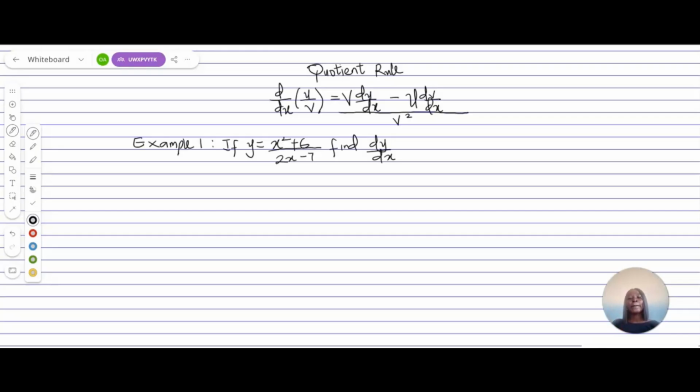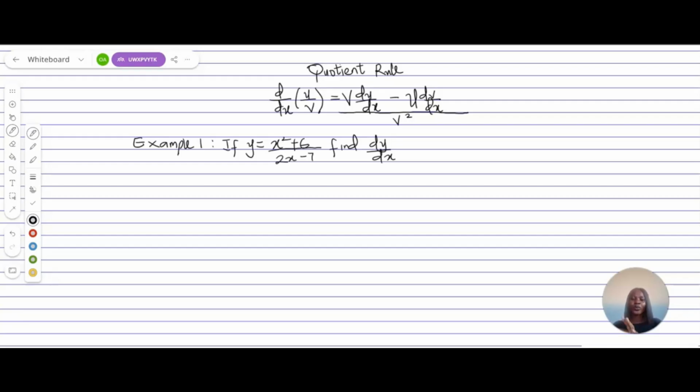Now, we have an example here that will drive home the point much more. It reads: if y is equal to x squared plus 6, all divided by 2x minus 7, we are asked to find dy/dx. So we are using the quotient rule. Another thing you need to know is that you should be able to know what rule you are going to use whenever you see a question.